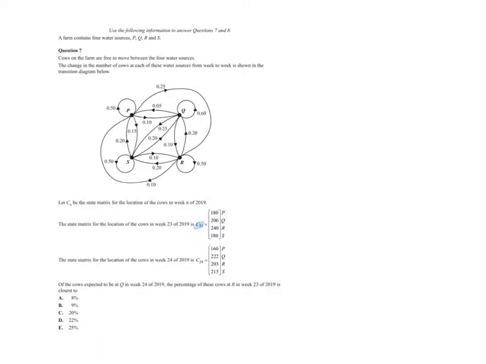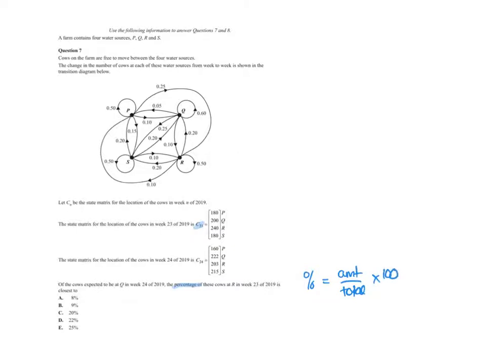So now, of the cows expected to be at Q in week 24 of 2019, the percentage of these cows that were at R in week 23. So what you're going to look at, when they're asking you a percentage, remember I said always write out percentage equals amount over total times 100.